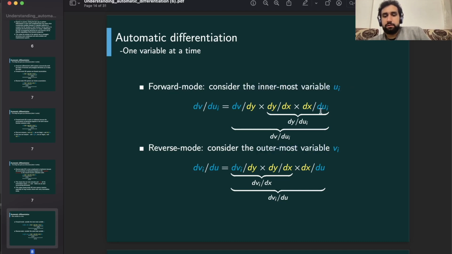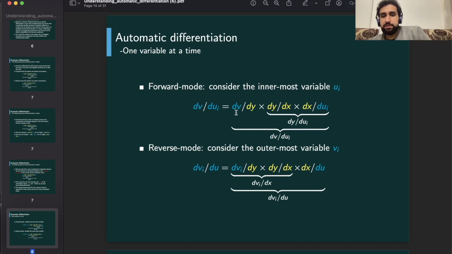So if we start from a single innermost variable, a single input u_i, then this becomes essentially a 3x1 column vector, and then you're propagating this forward, multiplying a 3x3 matrix by this 3x1 column vector. This is just a matrix-vector multiplication, or a Jacobian. So we're taking the Jacobian of the function with input x and output y, and we multiply it by some vector, and then we get another vector, which is dy/du_i.